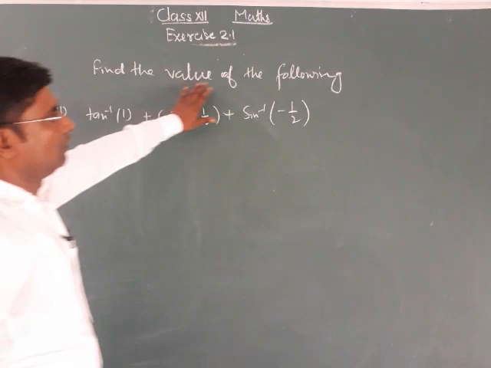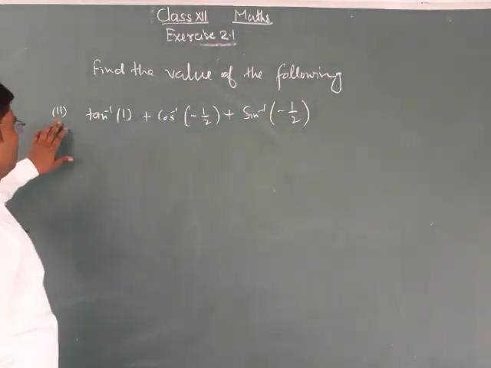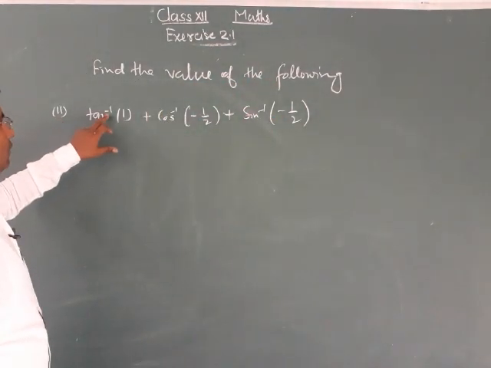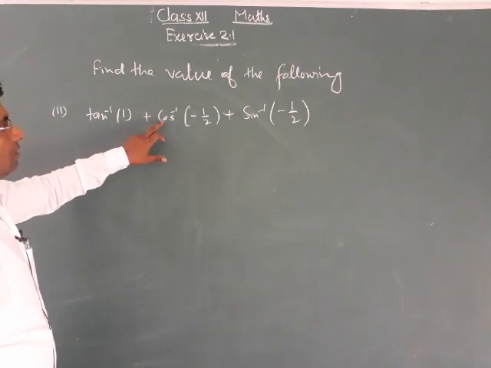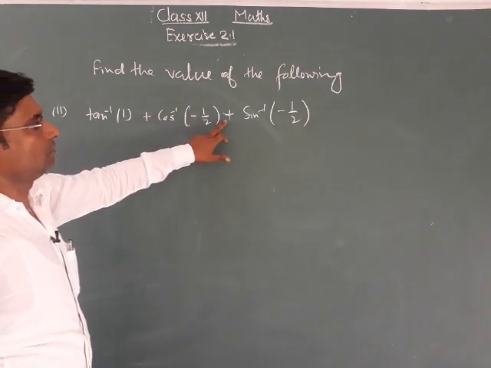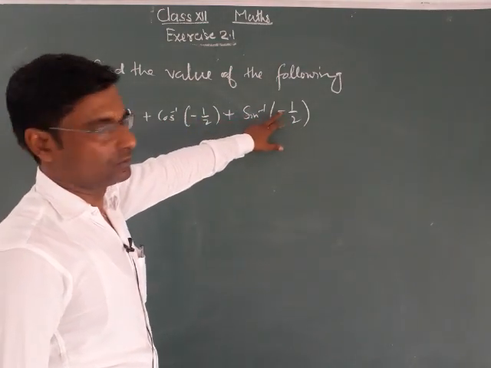Find the value of the following. Question number 11: tan inverse 1 plus cos inverse of minus 1 by 2 plus sin inverse of minus 1 by 2.